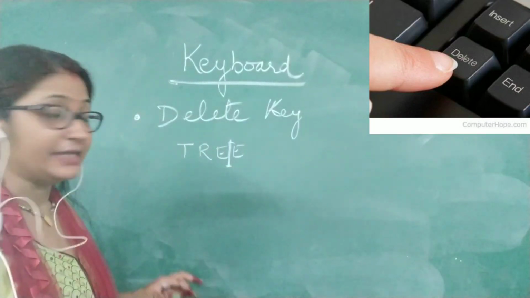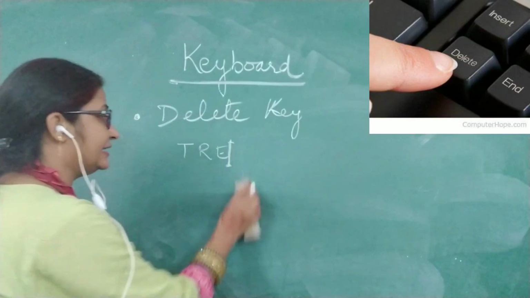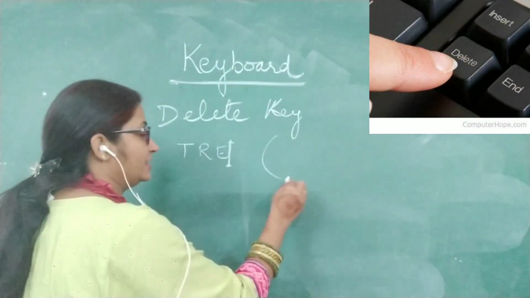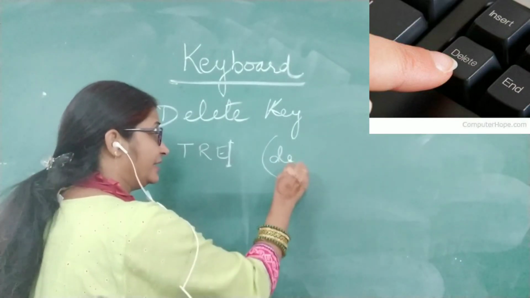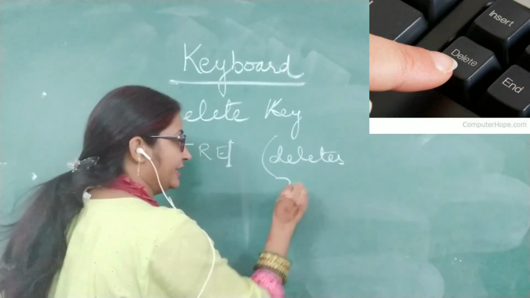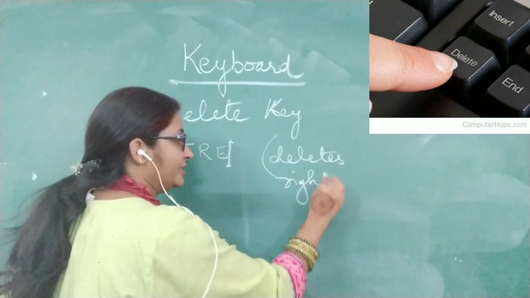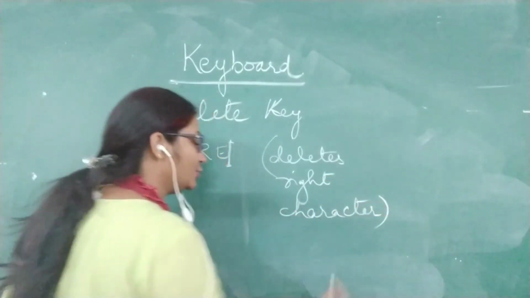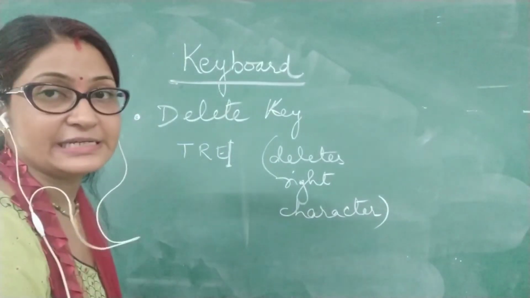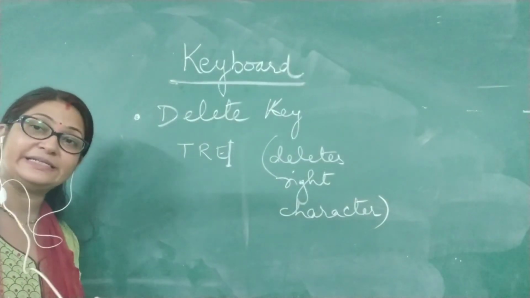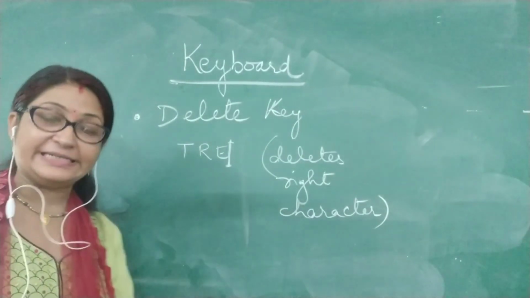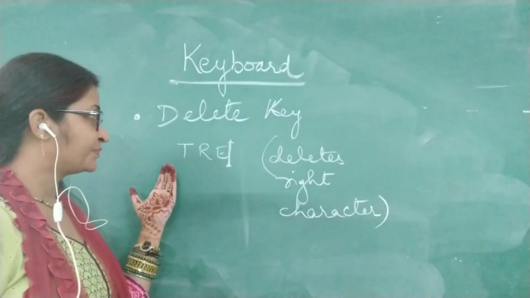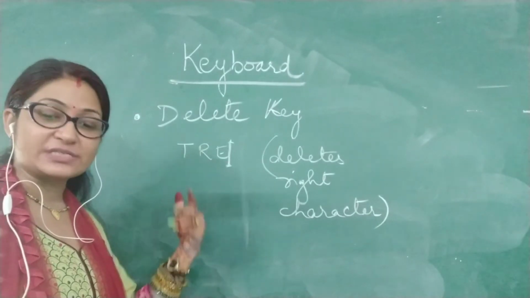Now this time, this E will get erased, which is towards the right side of the cursor. It deletes the right character. So this is the difference between backspace and delete. Backspace will delete a character towards the left, and the delete key will delete a character towards the right.